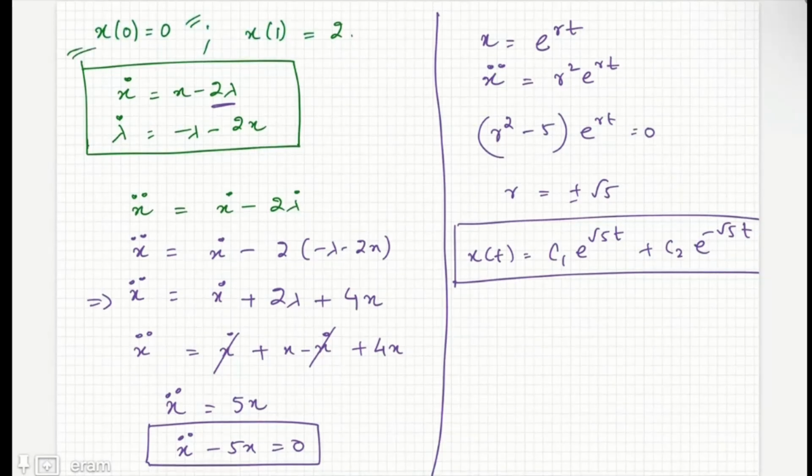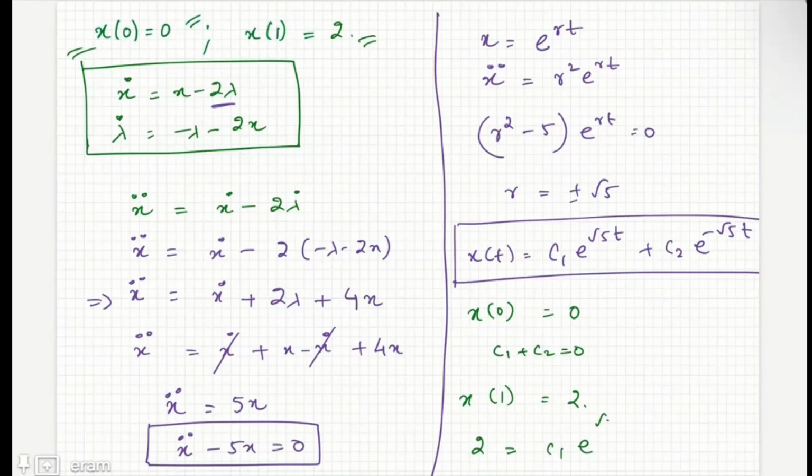Now since we have the solution of x, we can find the constants c1 and c2 using the initial conditions. At t equals 0 it should be 0, so c1 plus c2 equals 0, and at t equals 1 we have 2, so 2 equals c1 e to the power root 5 minus c1 e to the power minus root 5.